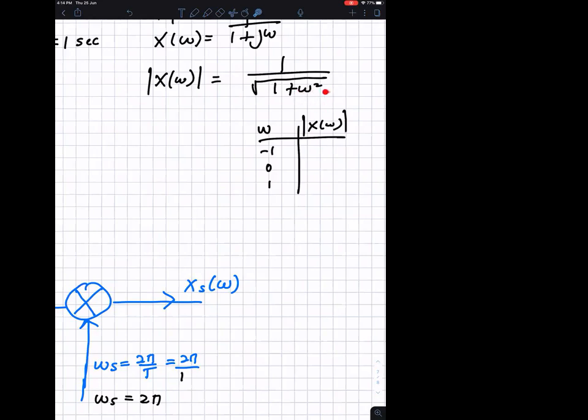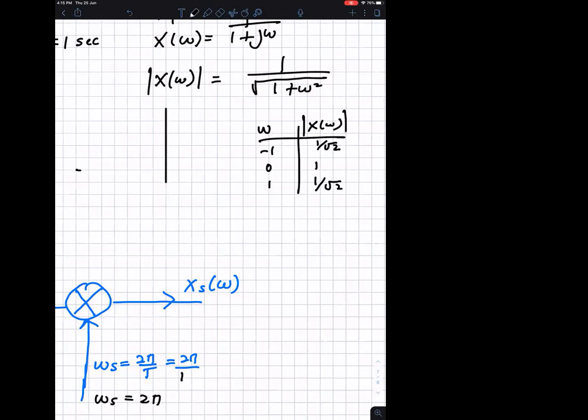Whatever is inside the square root is never going to be negative, and the amplitude itself is never going to be negative. When you put minus 1, you get 1 over square root of 2. When you put 0, you get 1. And this is also 1 over square root of 2. So these are the 3 points required to draw this.